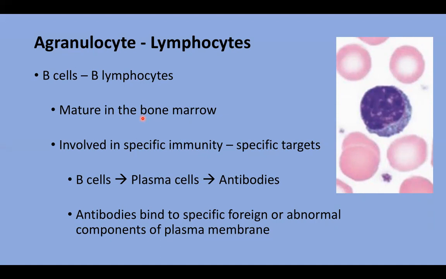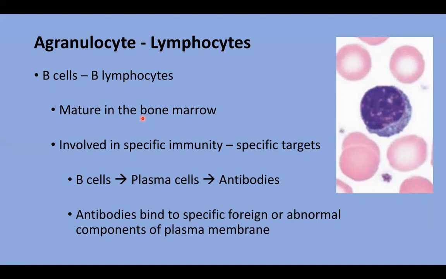So B cells will differentiate or produce cells that are called plasma cells when the body is infected with a foreign particle. And these plasma cells will then be responsible for producing antibodies. And these antibodies are what our body makes in order to recognize a specific invading or foreign particle in the future.